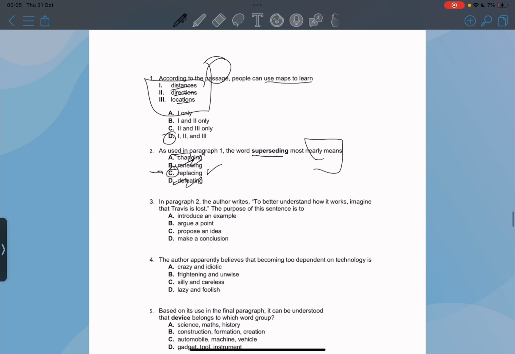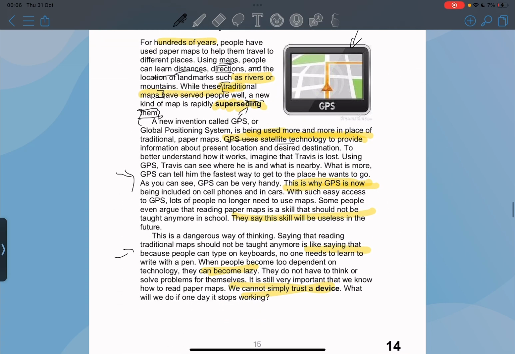Okay, question 3. In paragraph 2, the author writes, to better understand how it works, imagine that Travis is lost. The purpose of this sentence is to do what? So if you look at paragraph 2, where have we got it here? To better understand how it works, we have to look at what it is talking about when it says it.